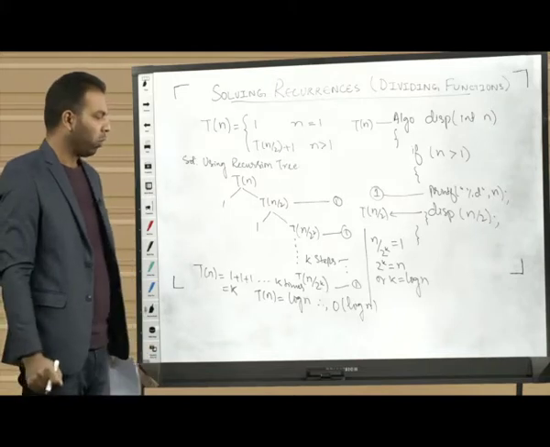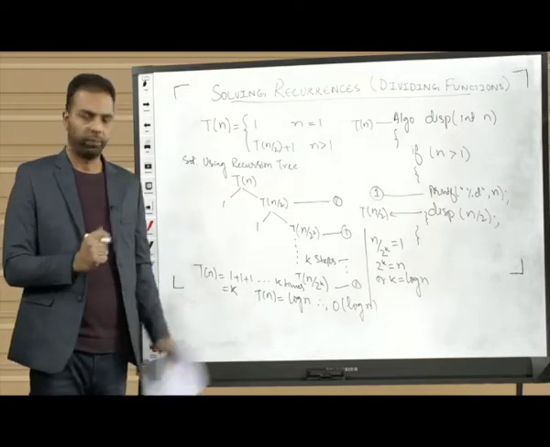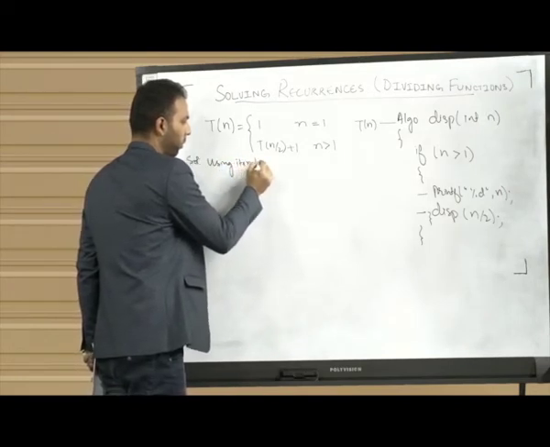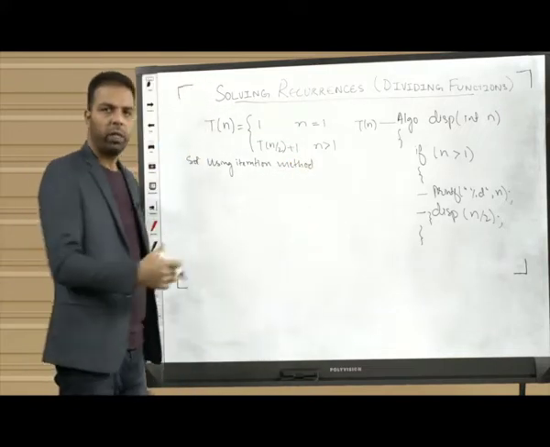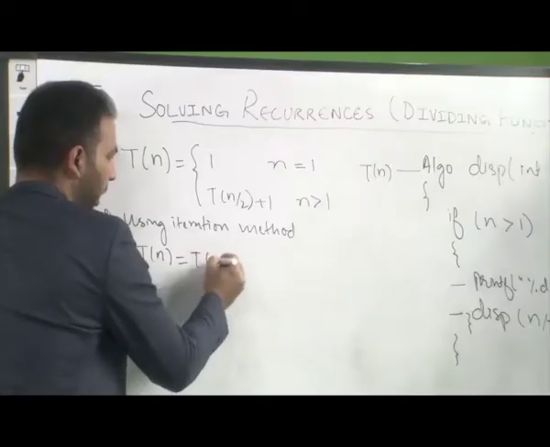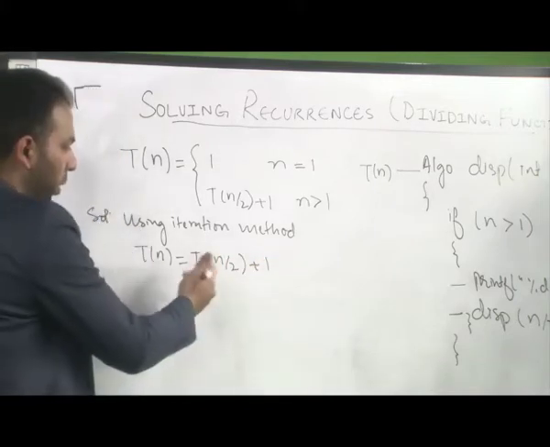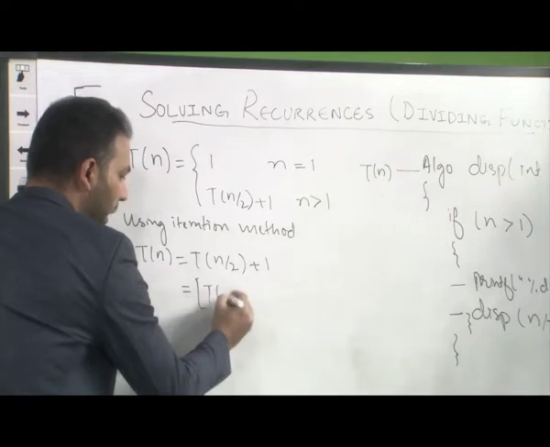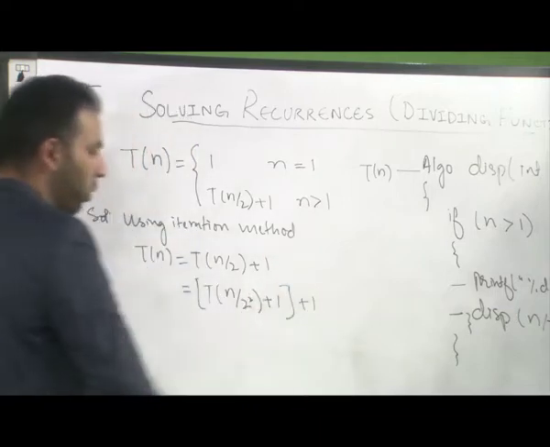Now we'll solve the same recurrence using the iteration method. For the iteration method we open this, that is T(n) is equal to T(n/2) plus 1. We will substitute the value of T(n/2) here. So it will be equal to T(n/2 square) plus 1, and then outside is the plus 1.